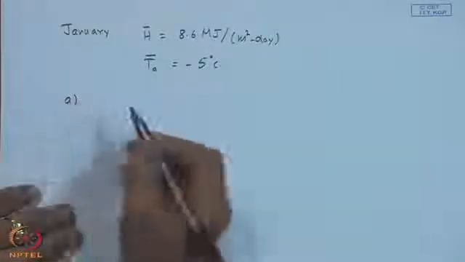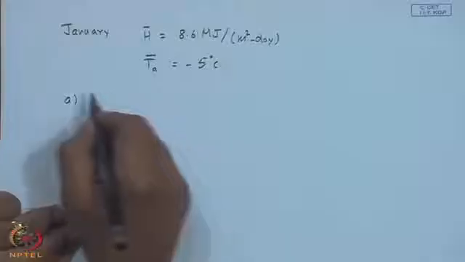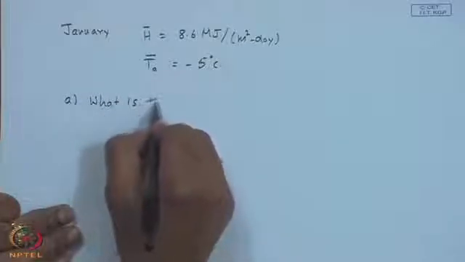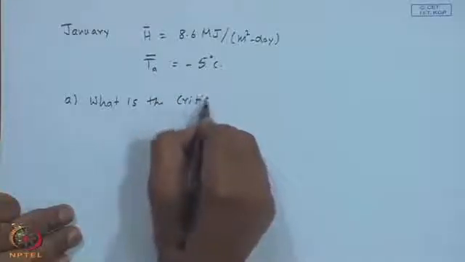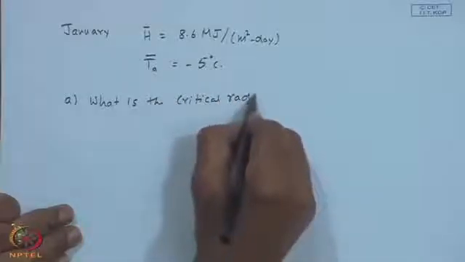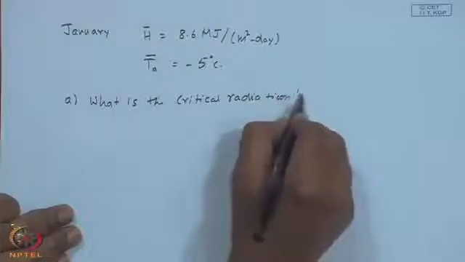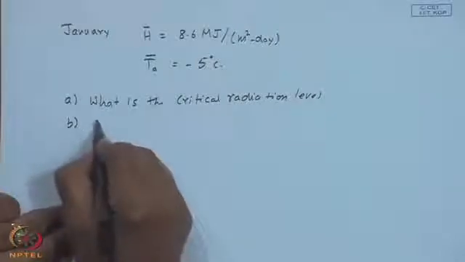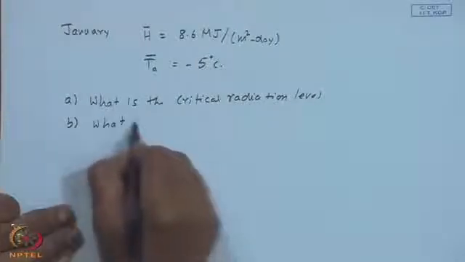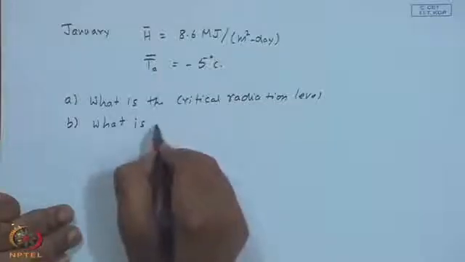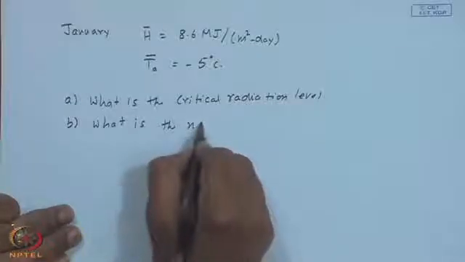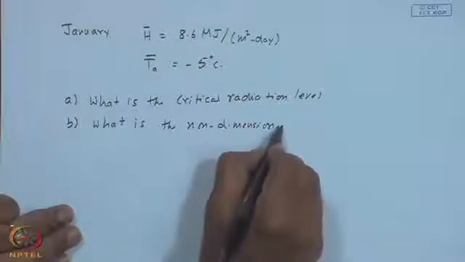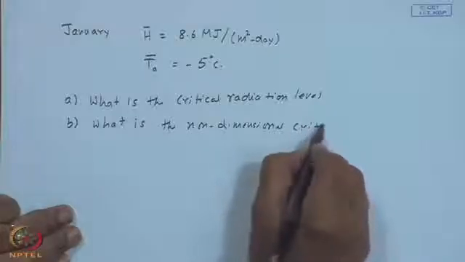Since we are going to use the phi bar f chart method, my first question will be, what is the critical radiation level? I try to put it in the form that you proceed, so that the methodology is remembered. What is the non-dimensional critical radiation level?